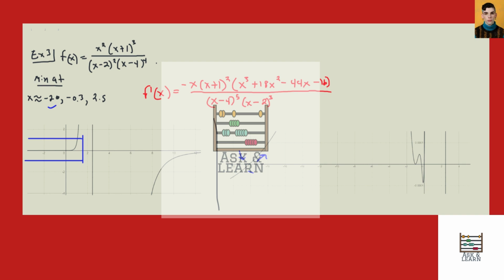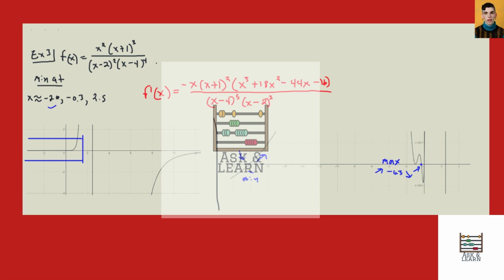And then for our next point here, that's at about negative 0.3, but you might notice that this isn't actually a minimum value because we are increasing into the point and then decreasing after. So while negative 20 is a minimum, at x equal to negative 0.3 we actually have a maximum.